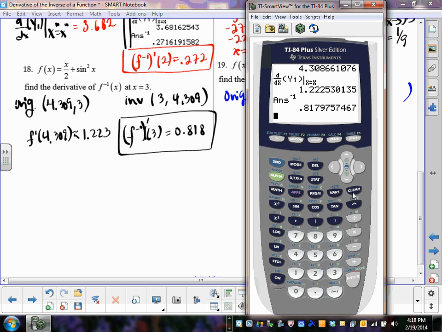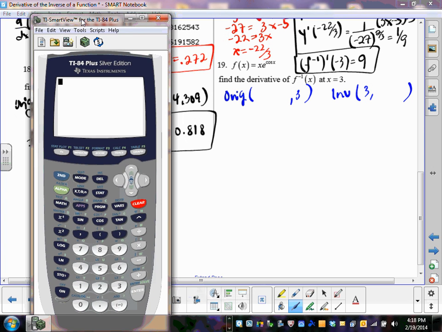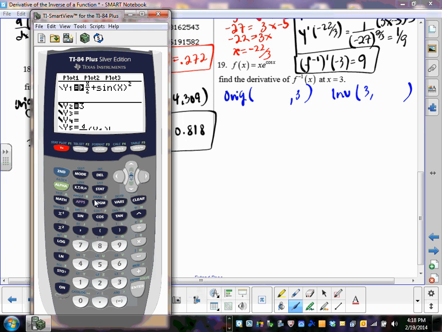Find the intersection. Okay, 4.309. So 4.309 comma 3 flips to be 3 and 4.309 on the other graph. So I'm going to make my calculator do everything when I have a calculator question.